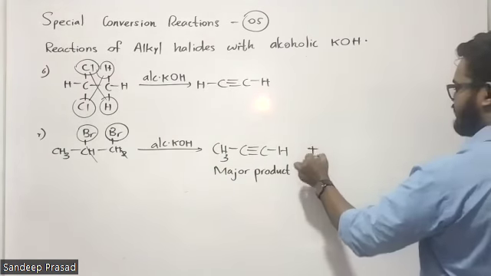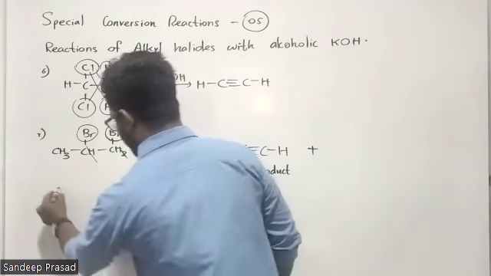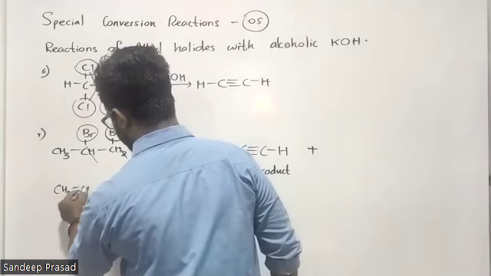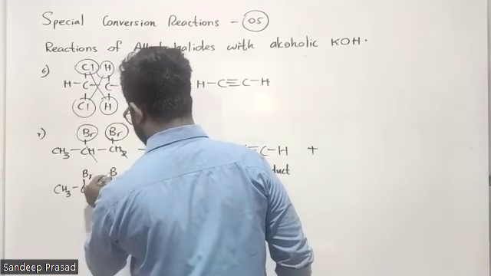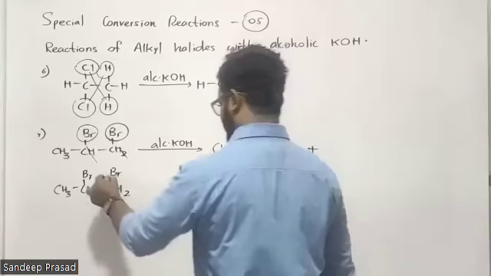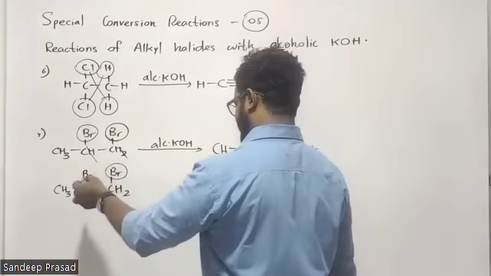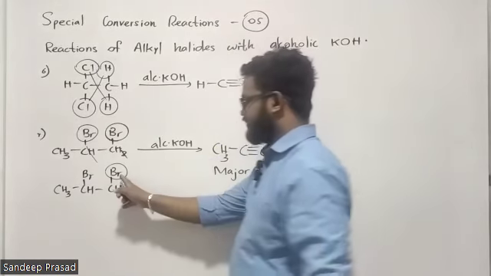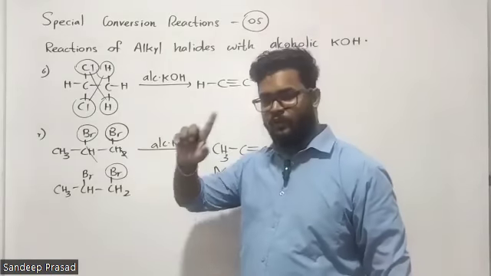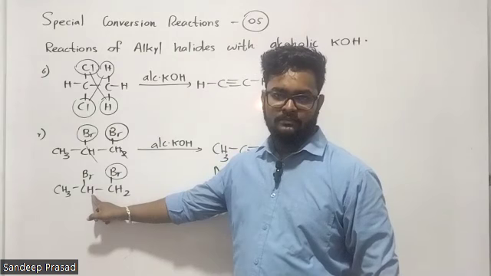Then I told you that we have a minor product as well. So here we have to be careful. Now, let me write down the compound again. In the case of minor product, again, let's go for the bromine atoms. Here we have bromine atom. Whether it is major product or minor product, this bromine atom has always only one option to remove one hydrogen from neighboring carbon atom.